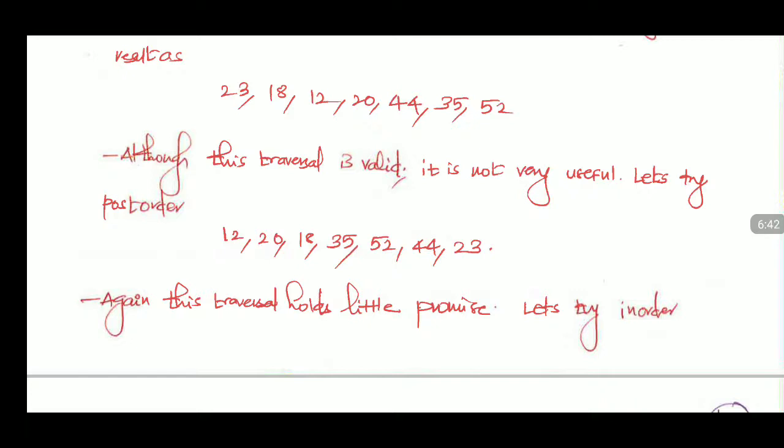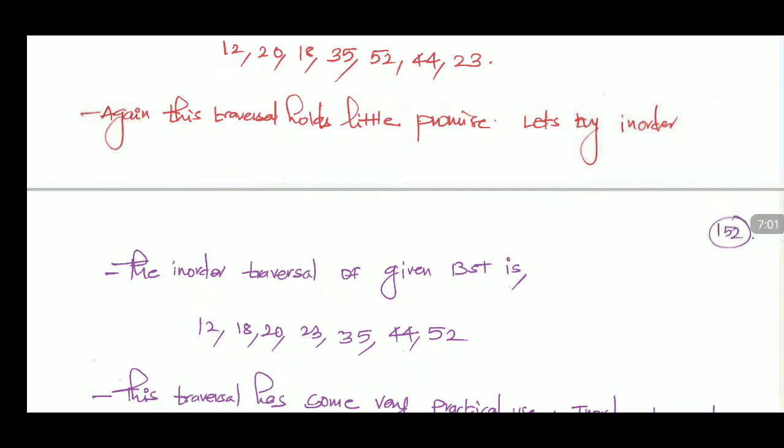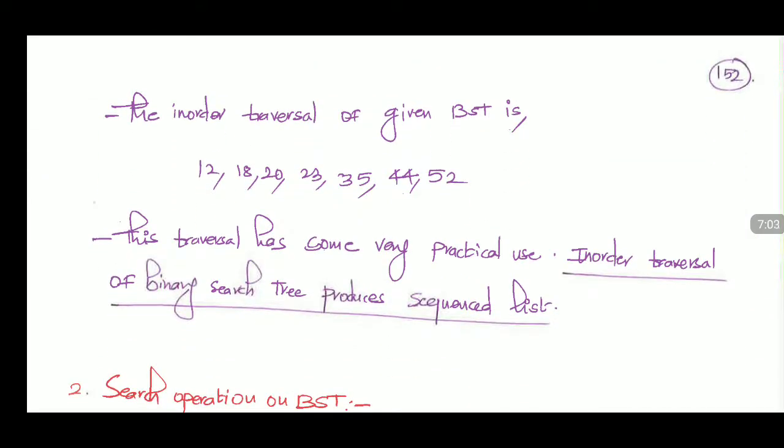Pre-order traversal and post-order traversal of these kinds of trees don't signify much, but if you record the second visit, that leads to the sorted sequence. This is the importance of binary search tree.